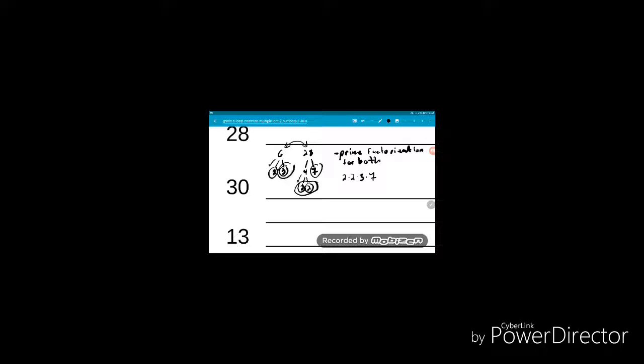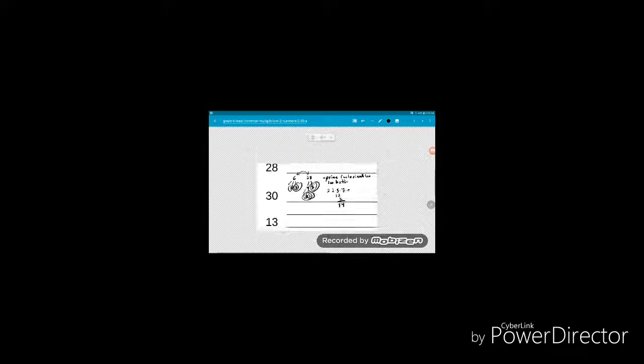Then this one has the most, and that one has the most. So if you multiply that out, 4 times 3 is 12. 12 times 7, what's 12 times 7? 84. So the smallest number that both of these go into is 84.